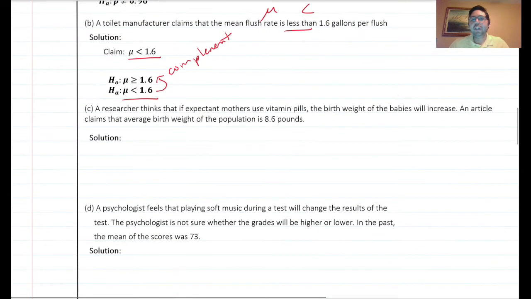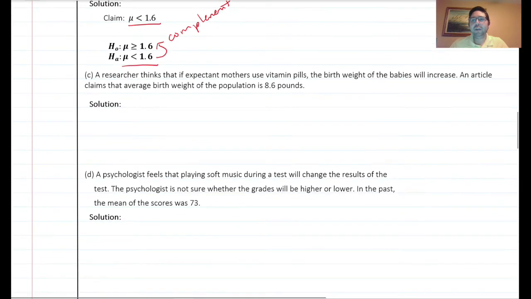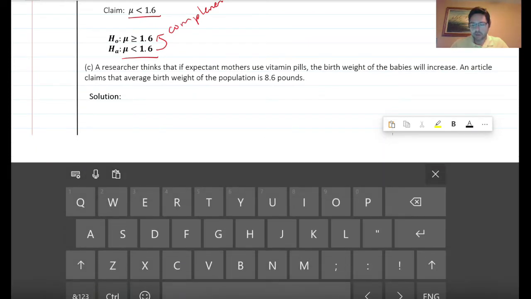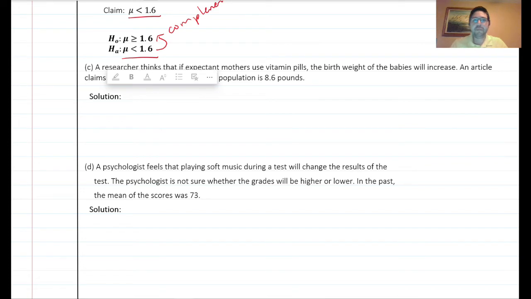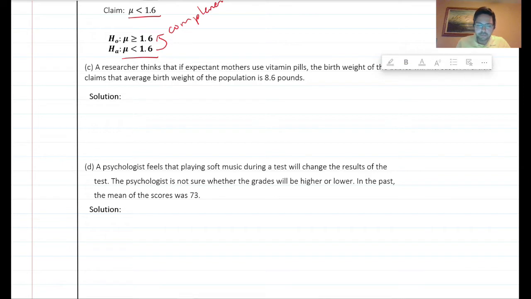All right. So a researcher thinks that if expectant mothers use vitamin pills, the birth weight of the babies will increase. An article claims that the average birth weight of the population is 8.6 pounds. So we got a claim here, and it says it's equal to 8.6.